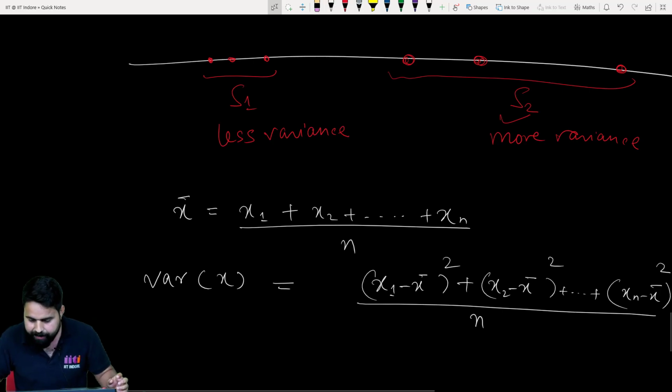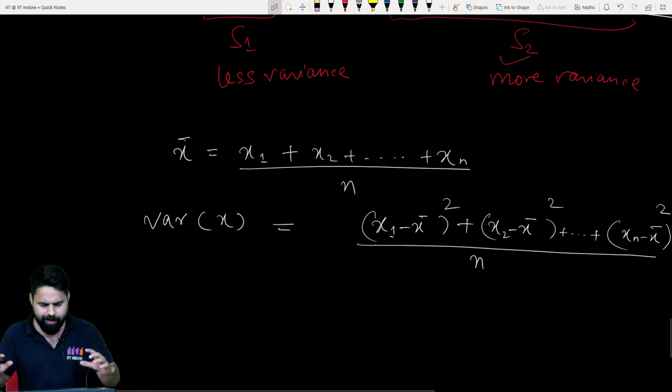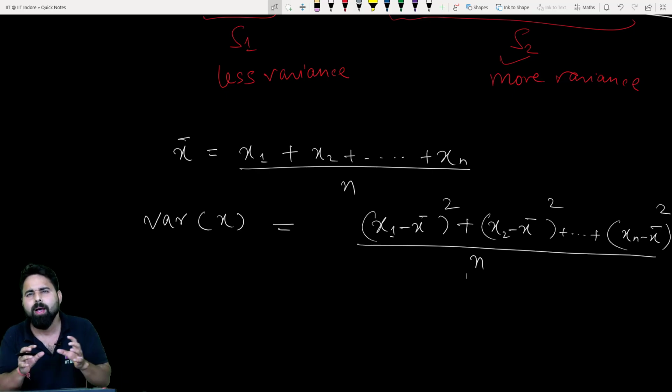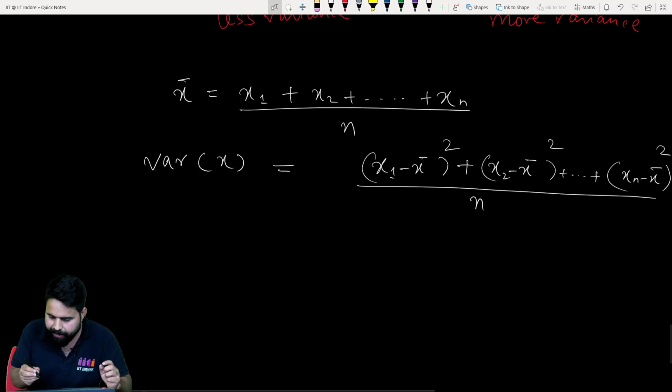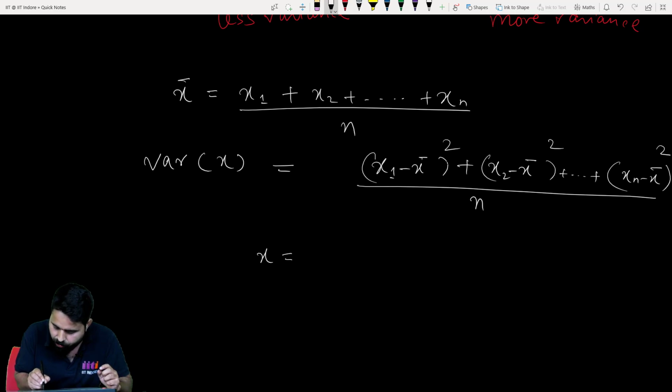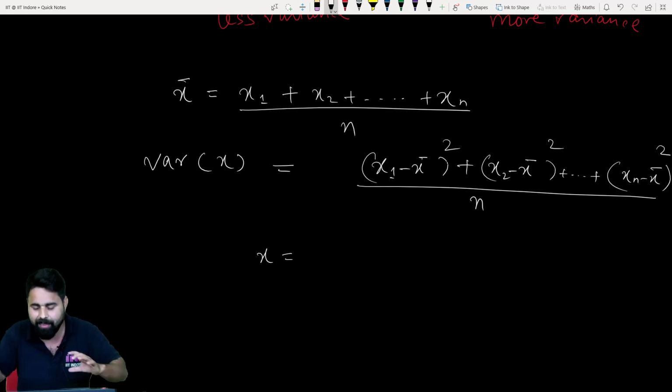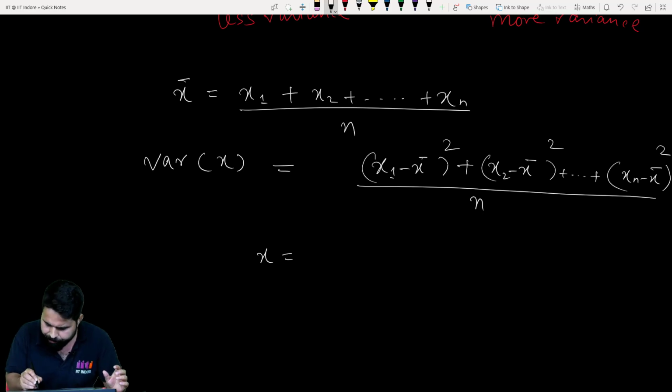But I will actually write this mean and variance in different terms, in fact as products of vectors, because this will make our life easier. We will see it very shortly. So let me denote these numbers by a vector. Suppose x is a row vector, basically a line where I am arranging the numbers x1, x2 up to xn.